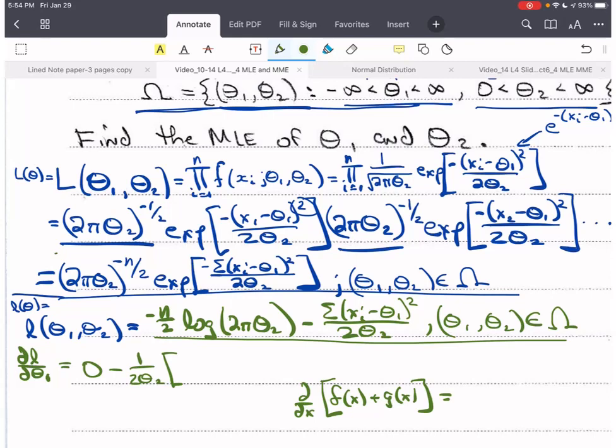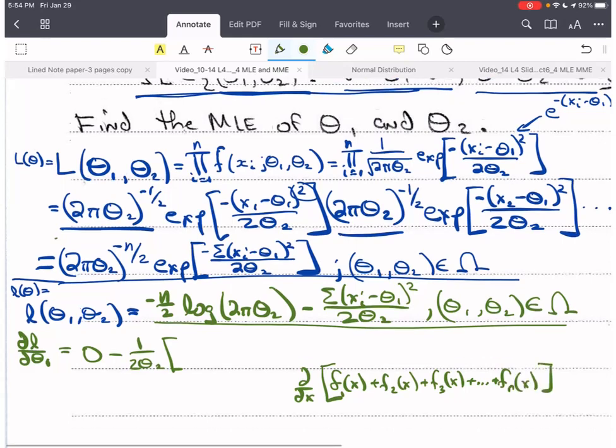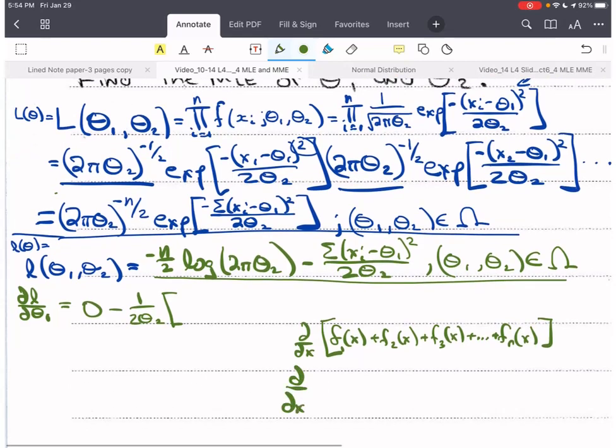So I could rewrite this, maybe it'll make better sense if I write it like this, f1, f2, etc., right? And so let me expand this out. So I can write this plus f3 of x plus fn of x. And so this is d dx of the sum of fi of x.